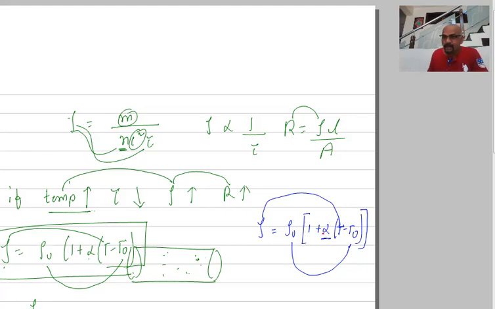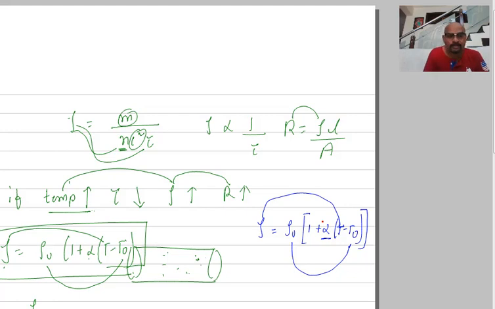That means alpha represents how much resistivity varies with the rise in temperature. If the temperature rises, resistivity varies. How much it varies is represented by alpha. This is how the resistivity of a conductor varies.